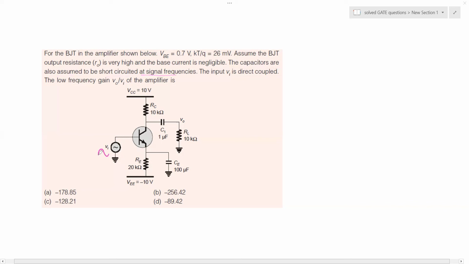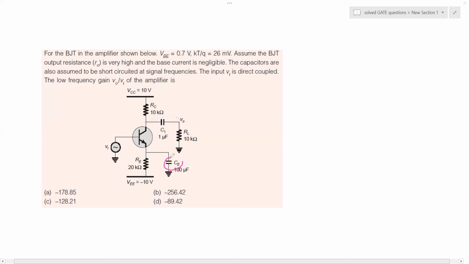So when you apply a sinusoidal AC signal, the capacitor C1 and the capacitor CE will act as a short at the signal frequency of interest. F is the frequency of the signal. We know that this is the output coupling capacitor that couples the output to the load.